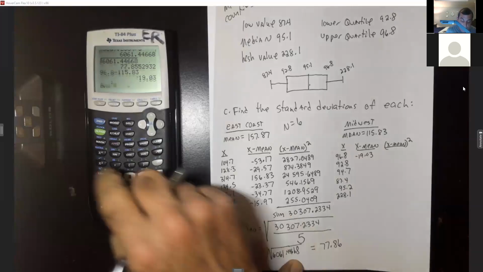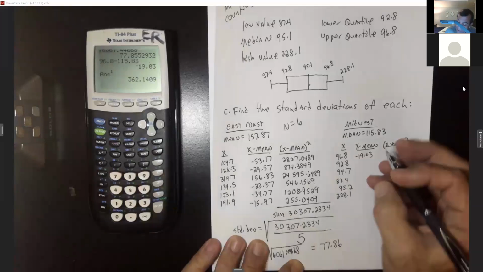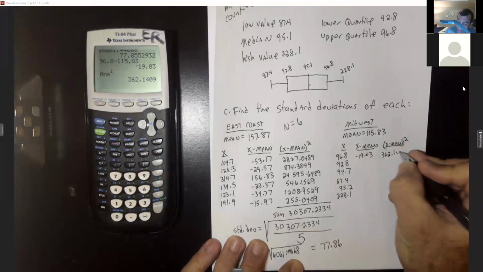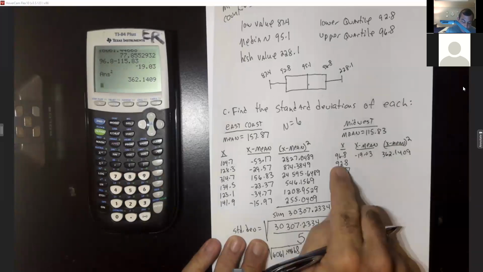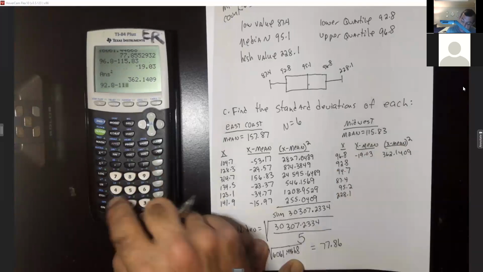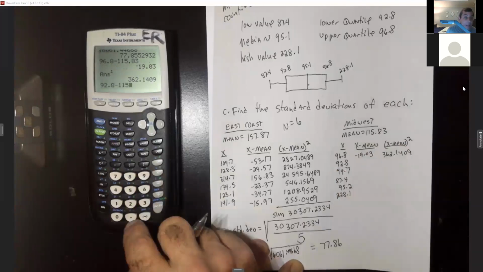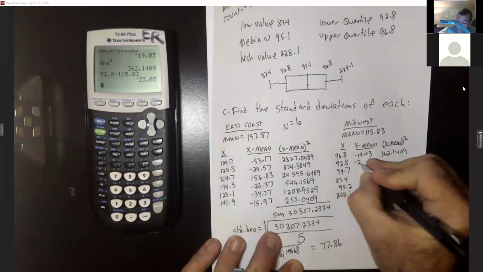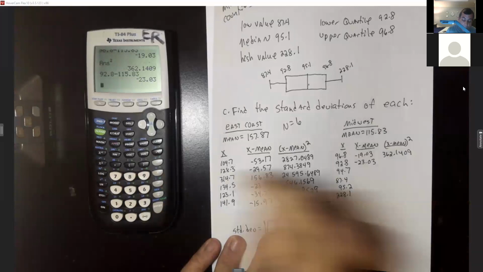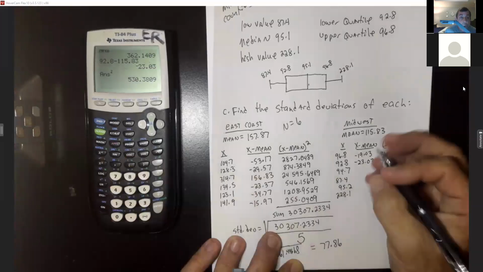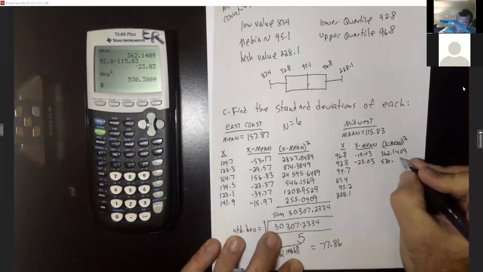I'm going to square that and get 362.1409. 92.8 minus 115.83 is going to give me a negative 23.03. Square that, and we get 530.3809.